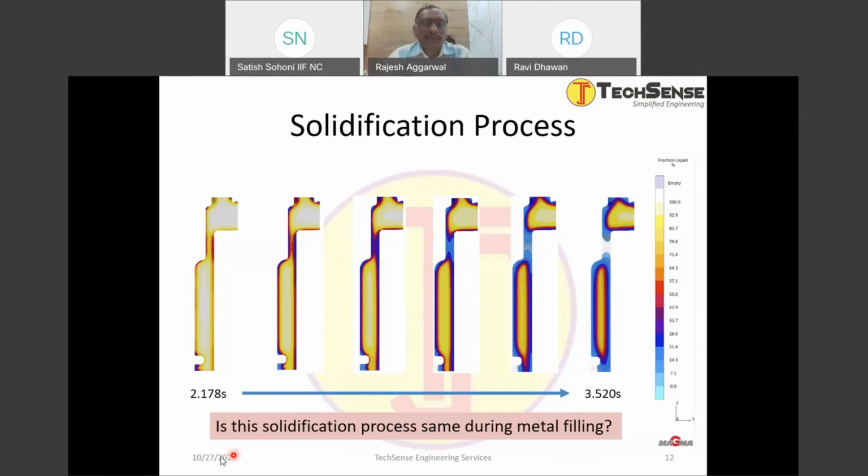Right? So the basic question is the solidification process same during metal filling as well? The answer is yes. We have a similar solidification process during metal filling as well. So as soon as the metal comes in contact with the steel, it will start forming the cold layers.